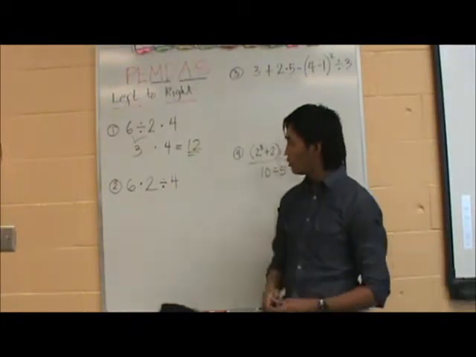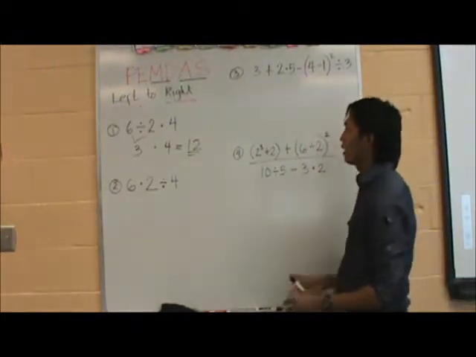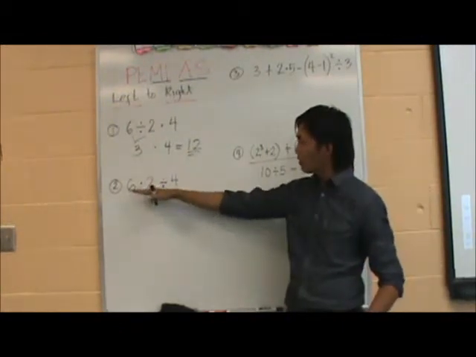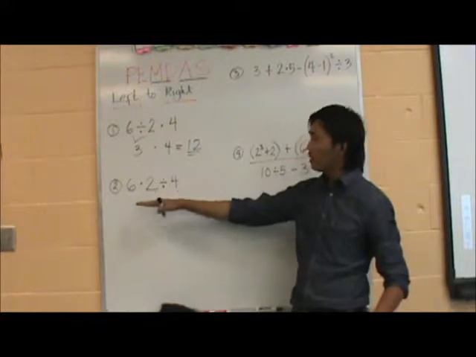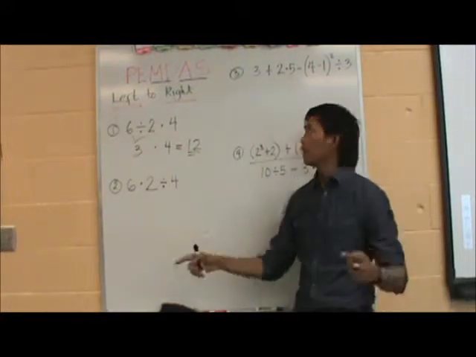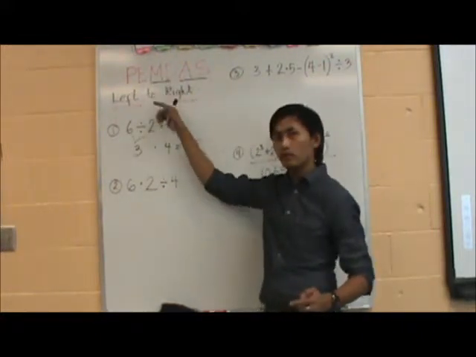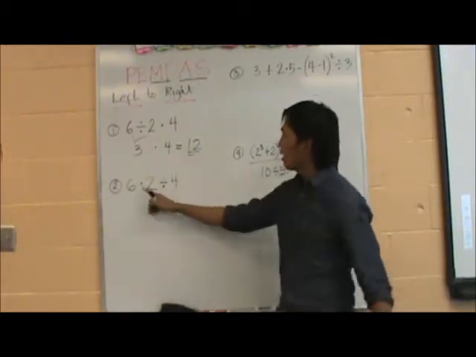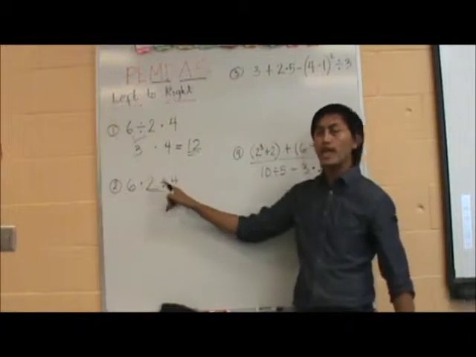Now let's move on to number 2. For number 2, we've got 6 times 2 divided by 4. Once again, we have to follow the rule, not the sequence of the letters, but the rule. So from the left to right, we have times first and then divide.